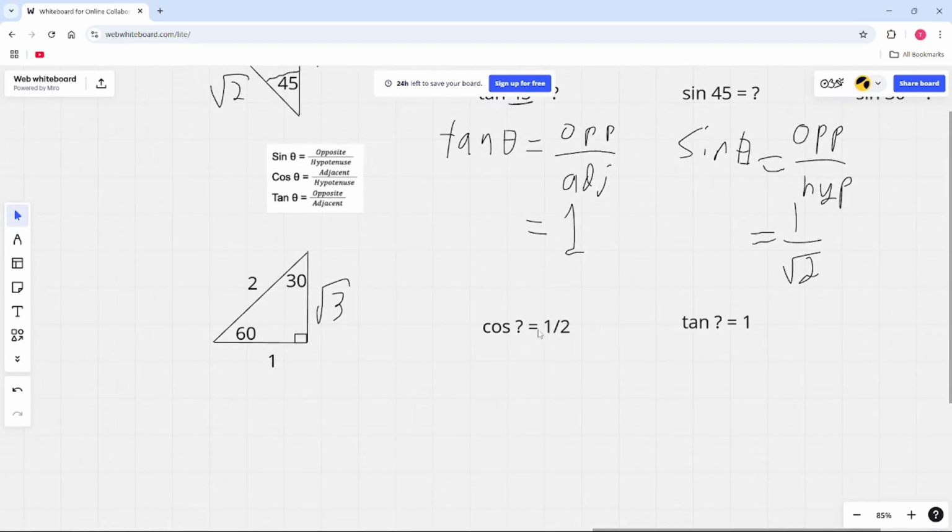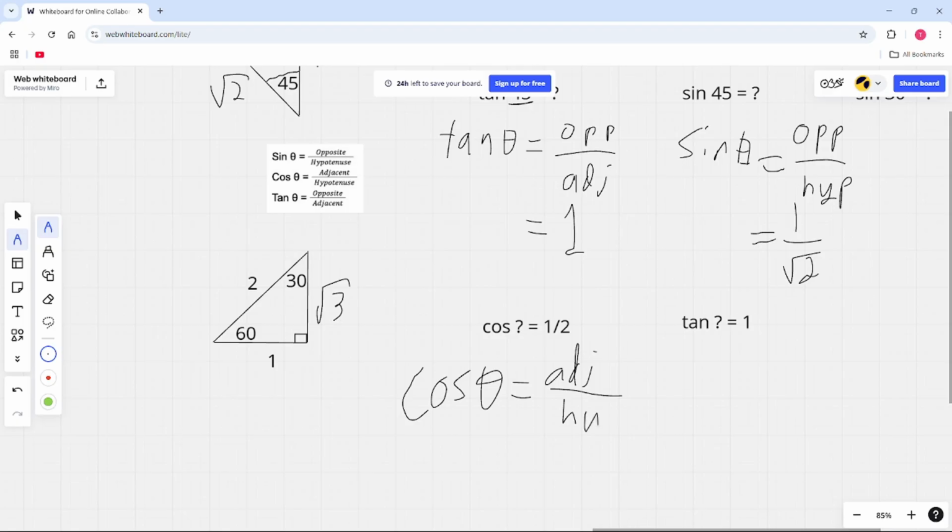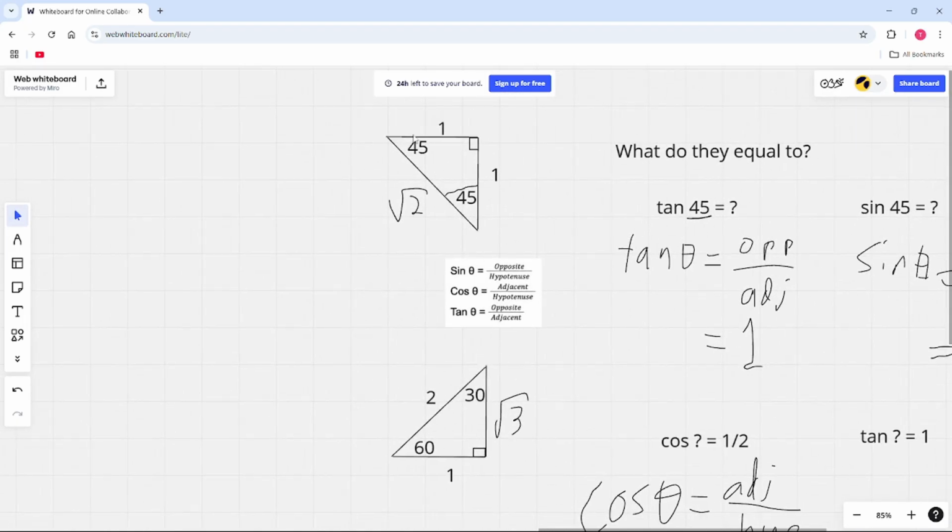Now let's take a look at these two questions where we have to solve for the angle itself. In this case, we'll just do the same. Write out your trig ratio, cos theta, which is the angle we're trying to solve for, is equal to the adjacent over the hypotenuse. Now all you need to do is take a look at these special triangles and look at if the number 1 and the number 2 exists.